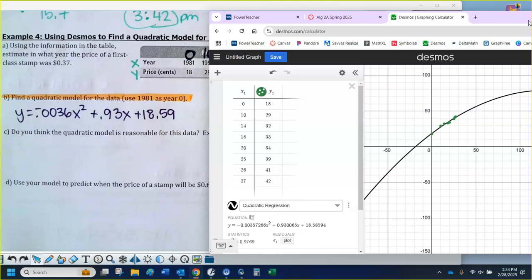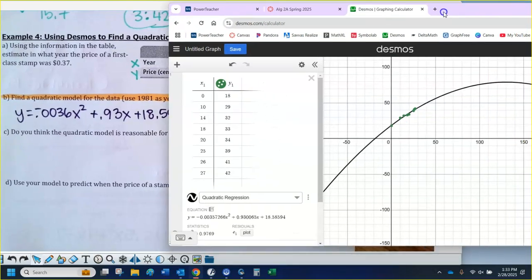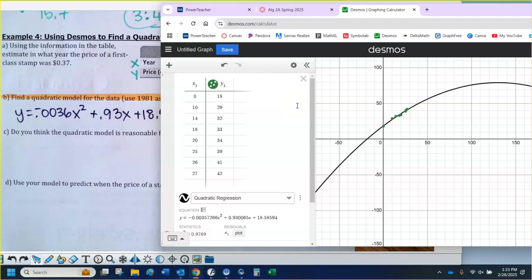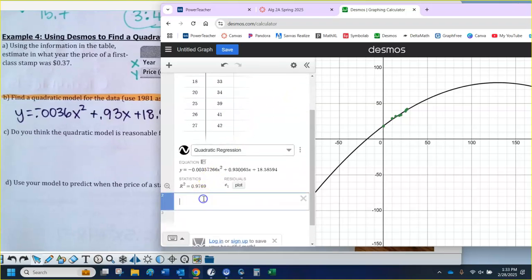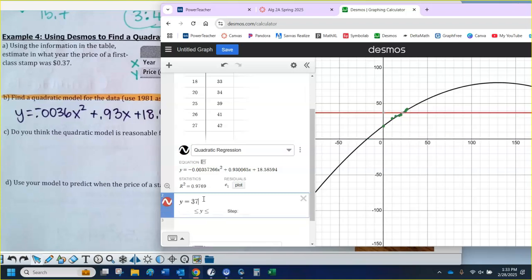So the question right above here was, in what year would the price of the stamp be 37 cents? Okay, so I'm going to show you a really quick way to do it if you have the graph. So y is the price of the stamp, right? If you come down below the regression, we can put another equation under here. So I clicked under that, and I'm going to write y equals 37.